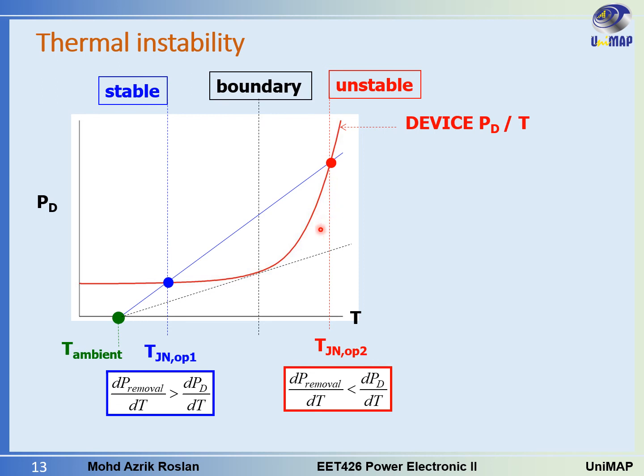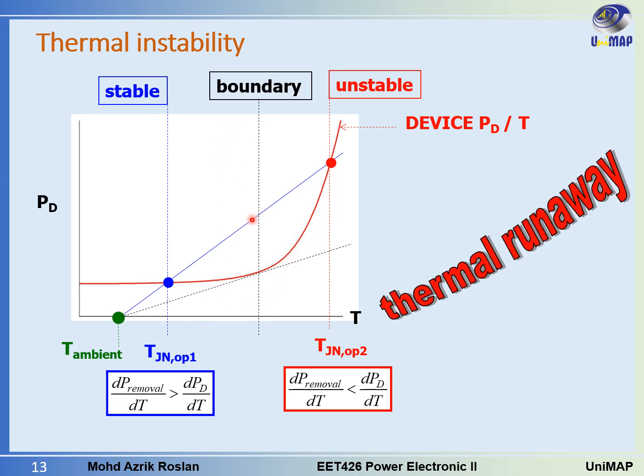And then we have another case where the dP removal over dT is equal to the dPd over dT at this point, so this will be a boundary condition. So the area after this boundary condition can result in thermal runaway. This is the effect that will cause a problem to the component itself.